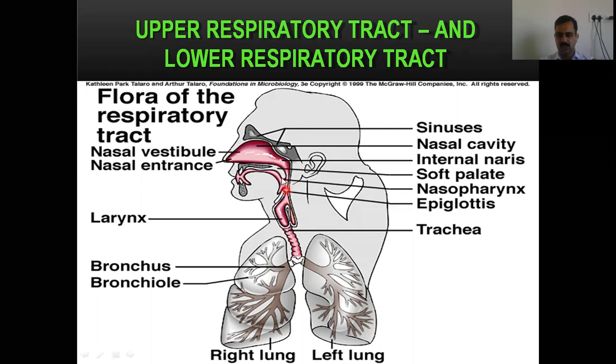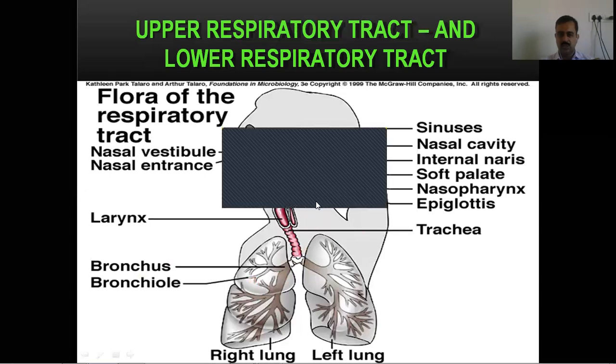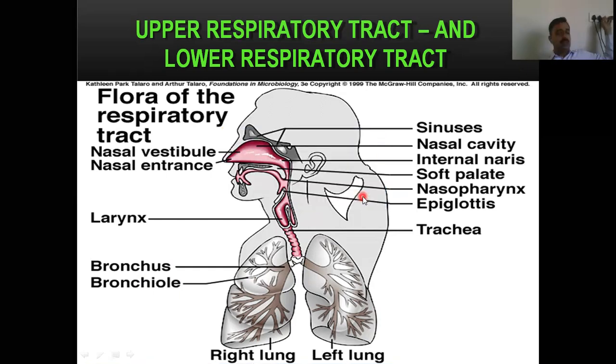Epiglottis, where the trachea starts. This is the trachea going down. Larynx, where your vocal cord is, and the bronchus. From the bronchus, the small branches are called bronchioles. So the normal flora resides in all these areas. Okay. Now, moving further.